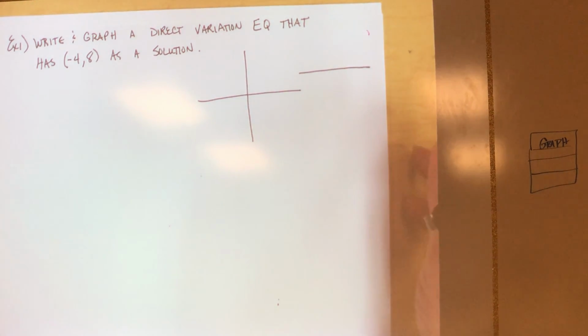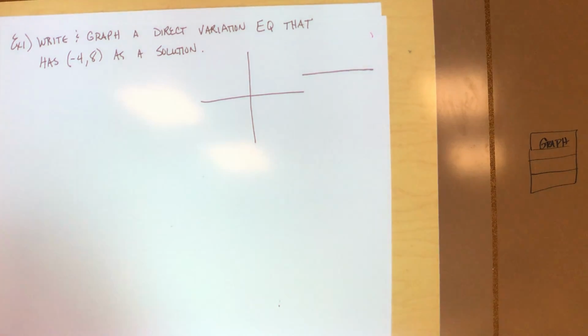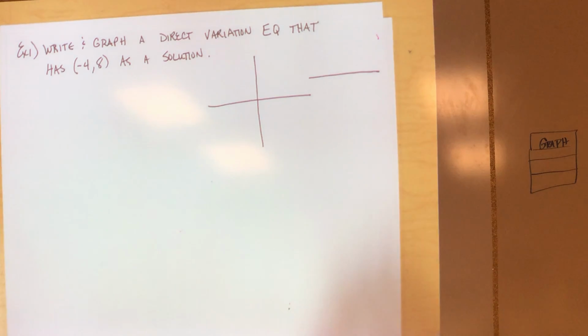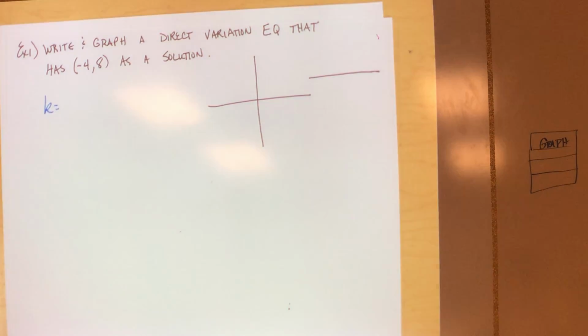First, I want to write an equation, and then I'm going to graph that equation. In order to write an equation, I need to always find k first. What's the formula? y over x, just like slope.